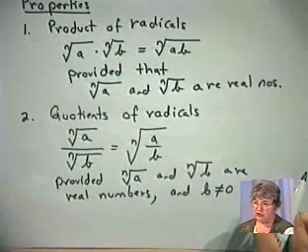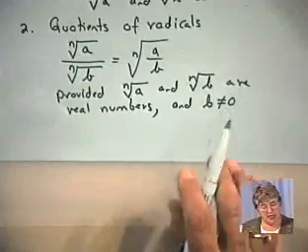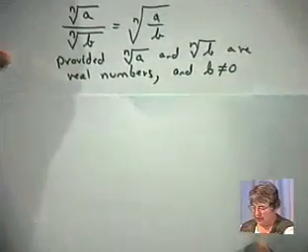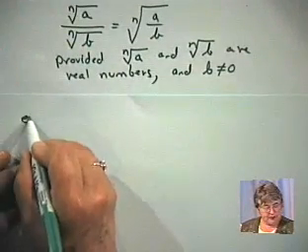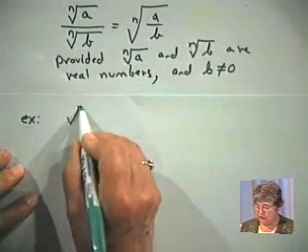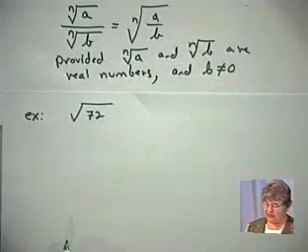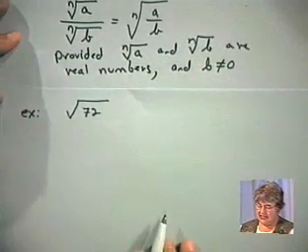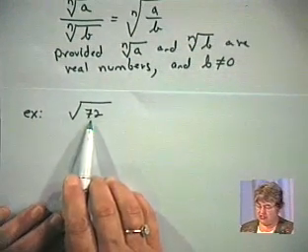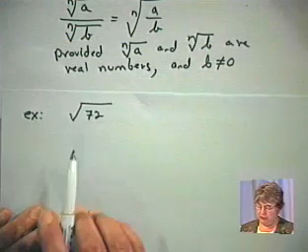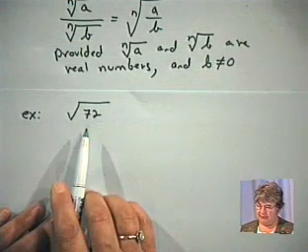For example, take the following number. Suppose we have the square root of the number 72. In simplifying this radical, one of the first things that we want to do is to see if we have perfect squares inside the radical. Okay?